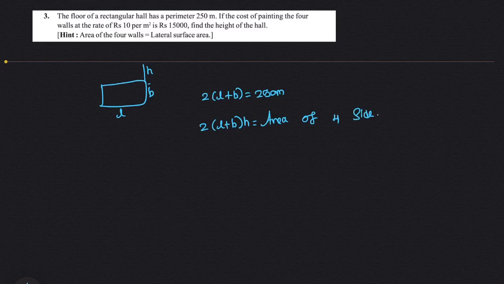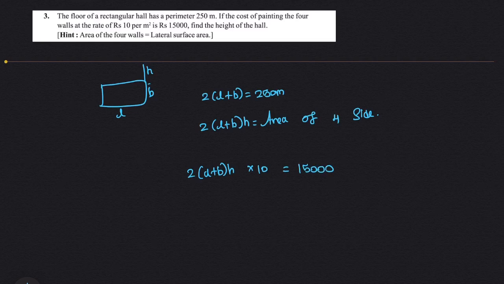And the total cost: we multiply this total area by the per meter squared cost, equal to the total cost. So total area is 2 times (L plus B) into H. Then each meter square has 10 rupees. Then the final value is equal to 15,000.